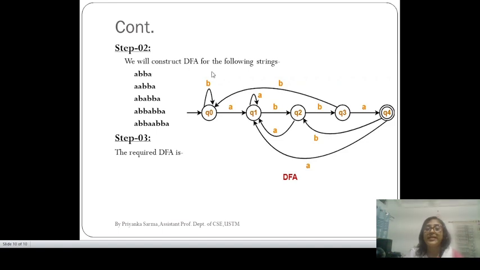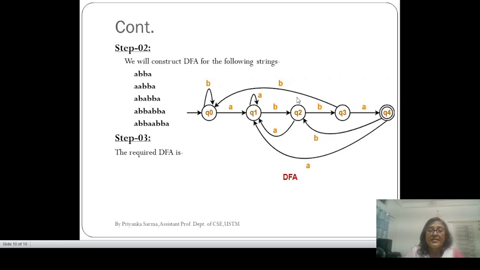Next symbol we need is again B, so Q2 can accept B and move forward to reach the Q3 state. Next symbol we need is A, so Q3 can accept A and move forward to Q4, and Q4 is the final state. That means this machine can accept the ABBA string.